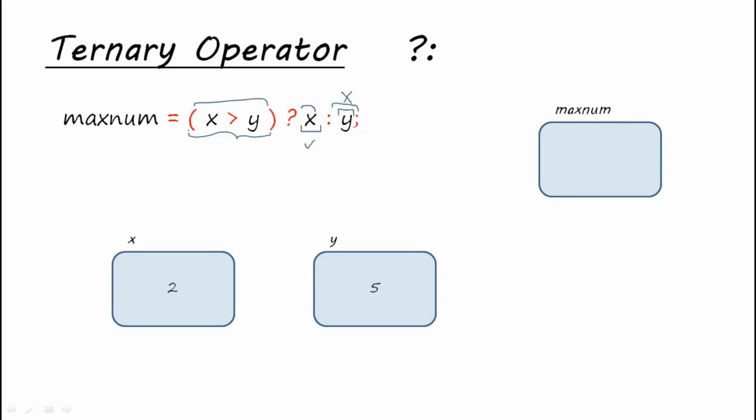So what would be the answer of this expression? This expression is evaluating to false. So the expression after the colon gets evaluated, that is maxnum = y. That is, maxnum becomes equal to 5. So using this expression, you are capable of asking your computer to decide which of the two numbers is bigger.